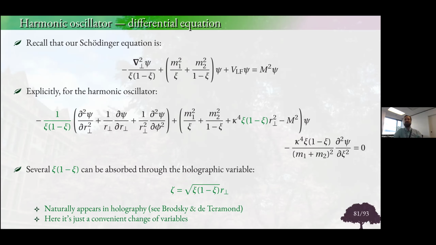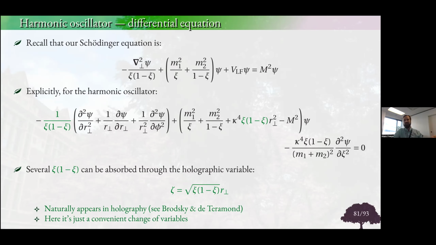Yes, Philip, you have a question or a comment. Good morning. Holography, I think, was first discussed in instant time. So why would all this carry over to the light front, or are you just calling this a holographic variable? I'm just calling it a holographic variable. I just want to make mention of the fact that this variable appears when people are doing holographic light front QCD.